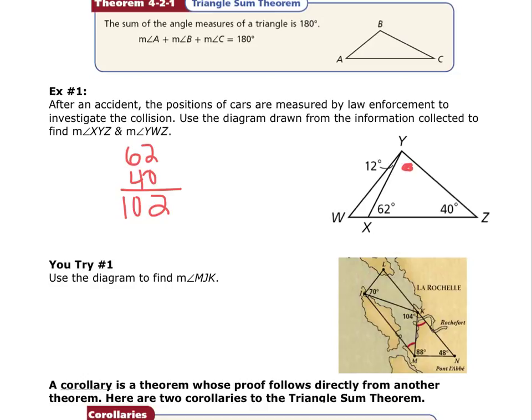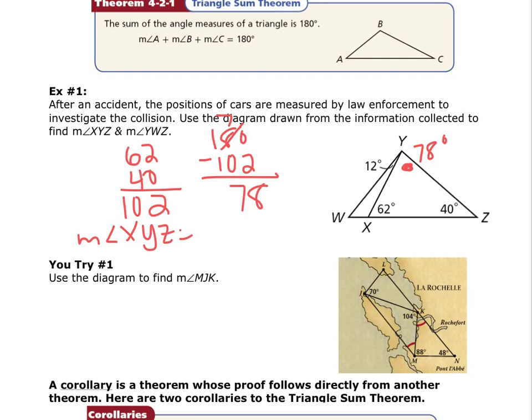And then the remaining is going to be left over after I take 102 away from 180. So what do I get here? 78 degrees. So the measure of angle Y is 78 degrees. So let me write that out. Measure of angle XYZ is 78 degrees.